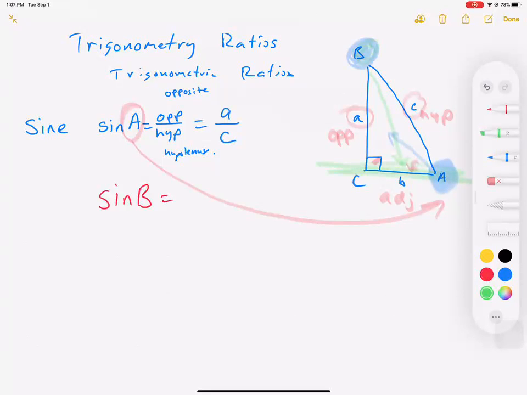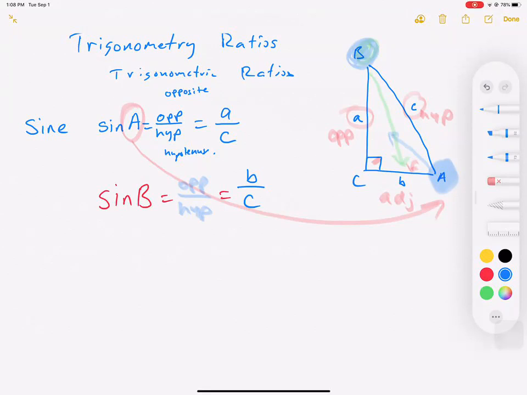That's the opposite side. Sine is always this ratio of opposite over hypotenuse. So the opposite of angle B is side B over hypotenuse C. That's the setup. That's how we're going to start.